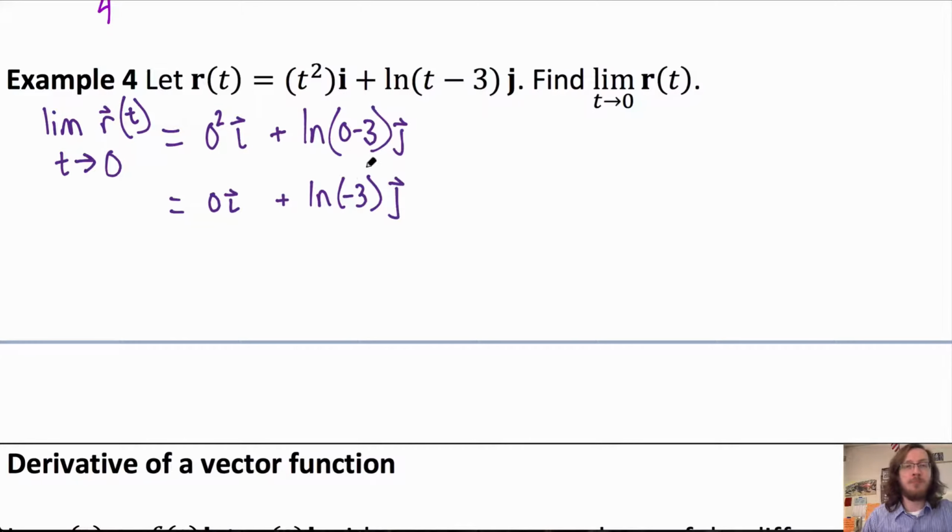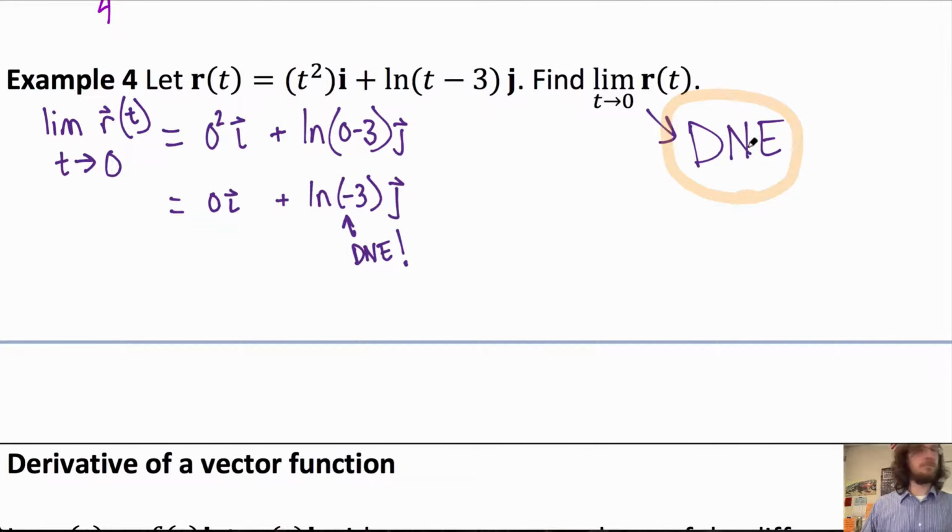So this limit here is undefined, or does not exist, so therefore the limit of our vector valued function r of t also does not exist. When we run into a limit with either of our components that does not exist, then the limit of our whole vector valued function also does not exist.